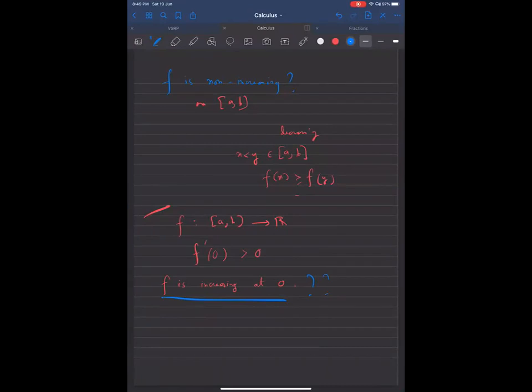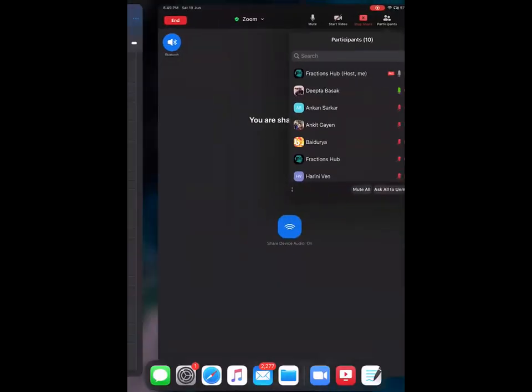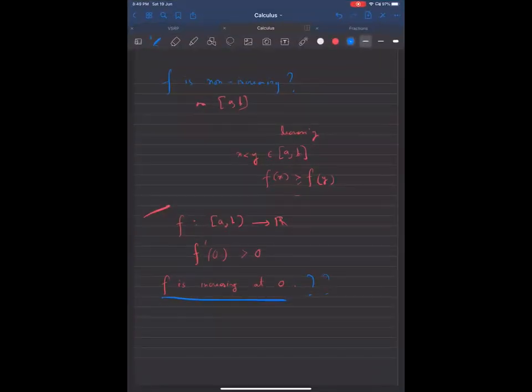Increasing in a small neighborhood around that point. Yeah, and what does that mean, explicitly, mathematically? So there exists some delta greater than 0 so that f is increasing in the delta neighborhood of that point. That is, minus delta to delta, right? Yep.